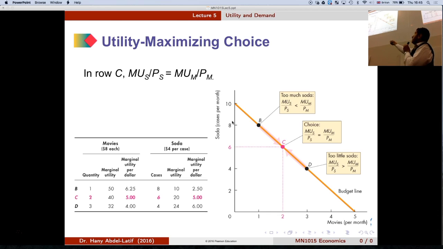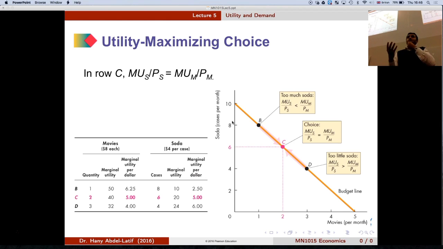We moved down to C to find equilibrium. That means she's buying less soda and more movies. Does anyone know why? What happened to the marginal utility when you increase your consumption? It goes down, so it decreases.